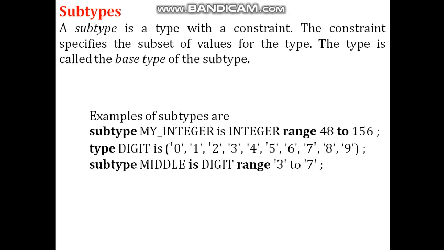Subtype declarations are used to declare the subtype. An object can be declared to belong either to a type or to a subtype. The set of operations belonging to the subtype is the same as that associated with the base type.